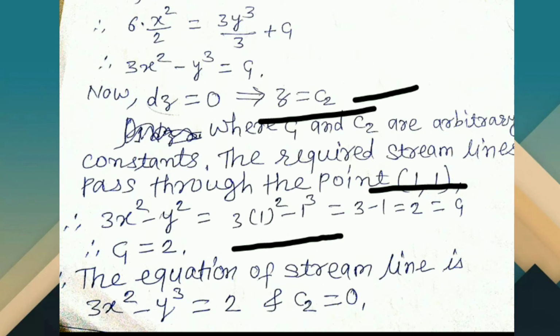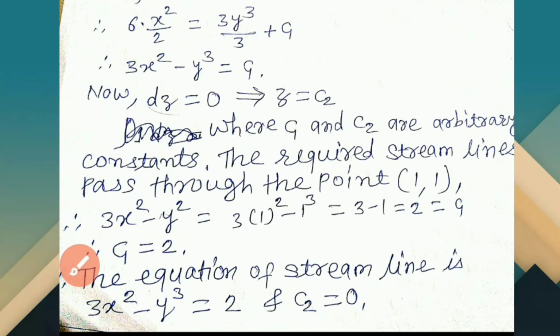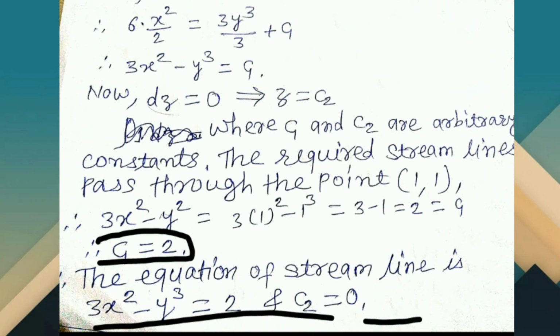So 3 into 1 square minus 1 cube is equal to 3 minus 1, which is equal to 2, which is equal to integration constant c1. So we get c1 is equal to 2. The equation of streamline is therefore 3x square minus y cube is equal to 2, and c2 is equal to 0.